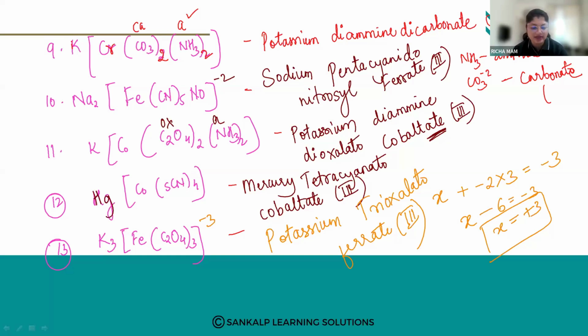So I hope you are making down the points for nomenclature, because this is a very scoring and interesting topic. If you practice these examples and if you know the certain rules, you can score very well in naming these compounds. Fine. We have the other things for nomenclature left, so that we'll see tomorrow.